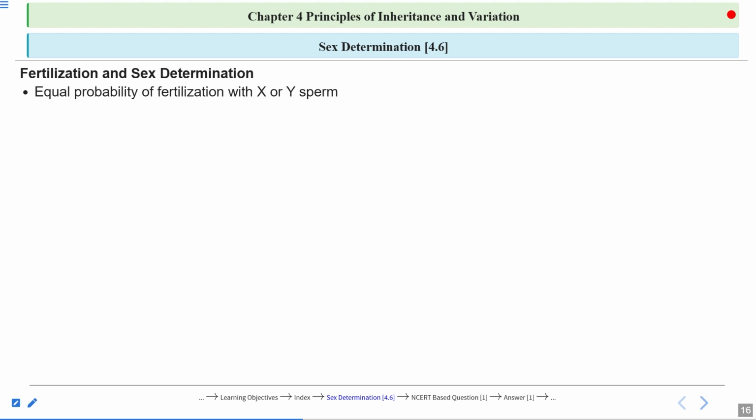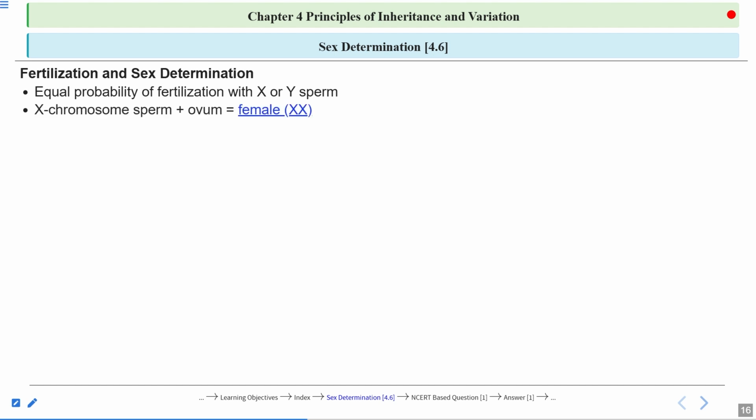So the egg, which has the X chromosome, can either be fertilized by the sperm having the X chromosome, or by the sperm having the Y chromosome. There is a 50% chance that the sperm carrying the X chromosome will fertilize the egg, and a 50% chance that the sperm containing the Y chromosome will fertilize the egg.